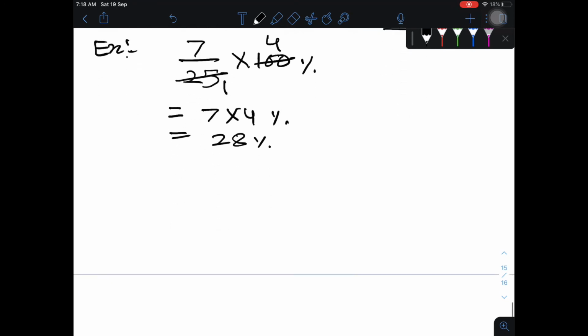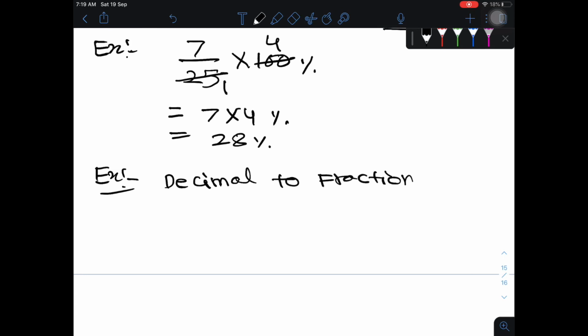And suppose you want to convert a decimal into a fraction, how can you convert? 7.2 is a decimal value and we want to convert it into a fraction.